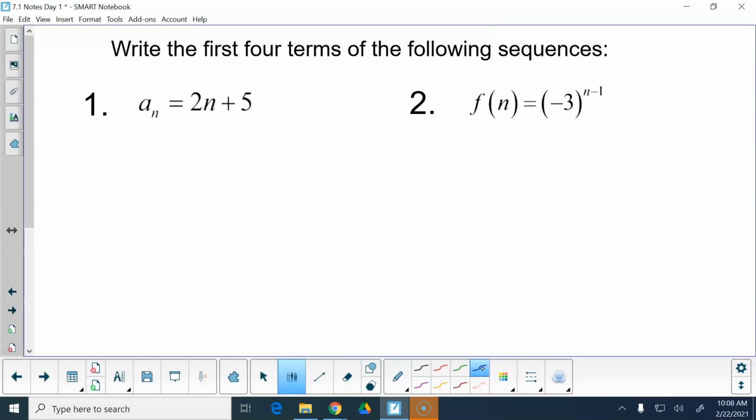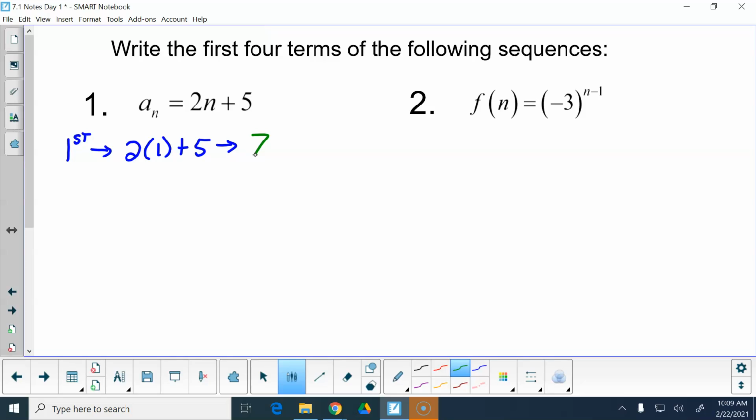So if I'm writing the first 4 terms of the sequence, for the first term, I am going to plug 1 into my rule or function. So that would be 2 times 1 plus 5. 2 times 1 is 2, plus 5 is 7.